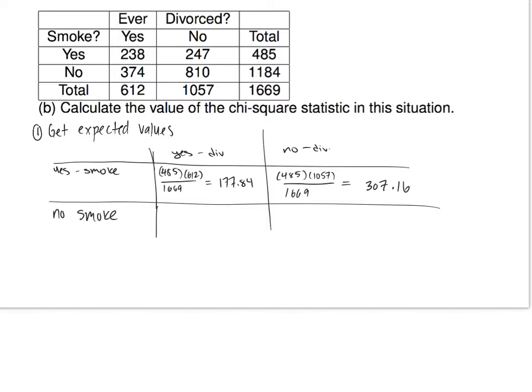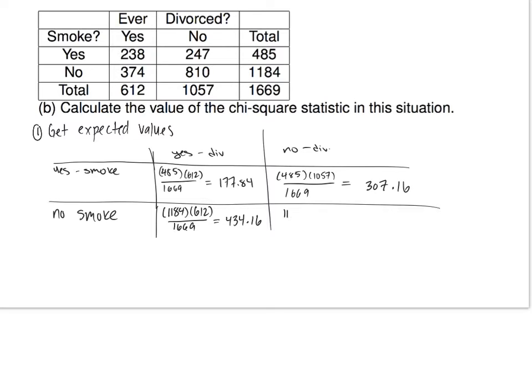How about the next one? Row total is? Great. Column total is? Great. Over 1669. You get 434.16.